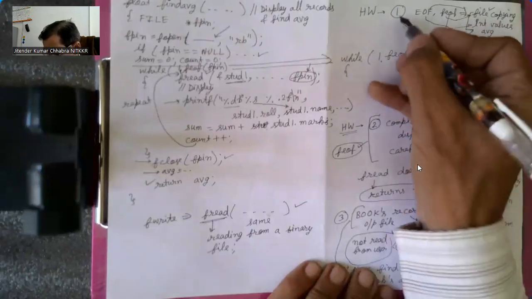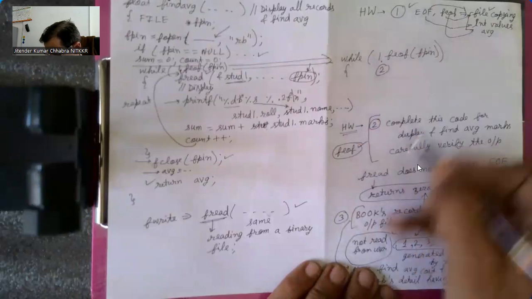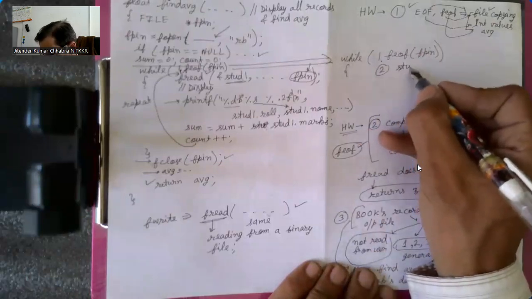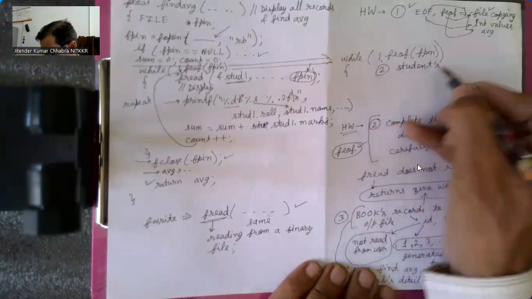That was homework 1. Homework 2 is your student records and binary files based code.